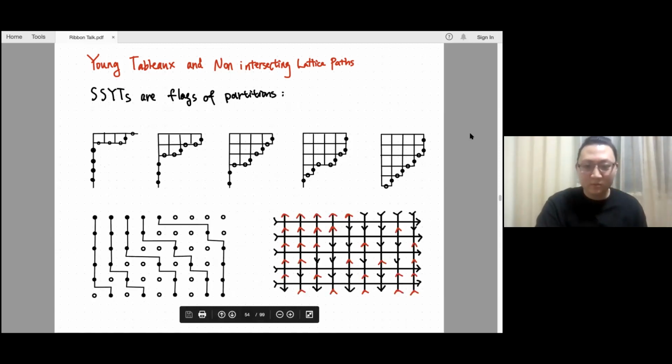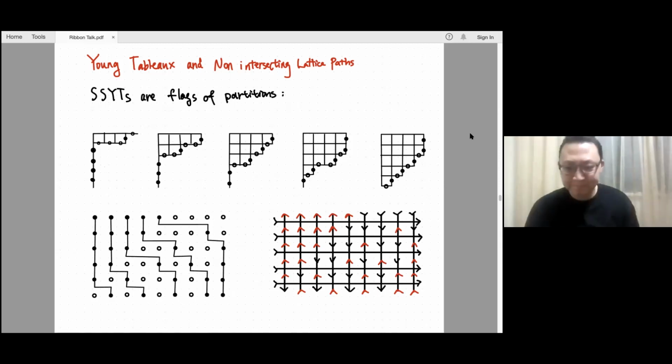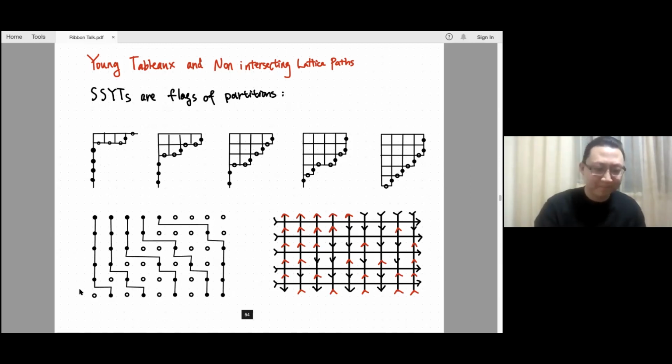All right, so here's what we do. You take the boundary conditions, and then in each of the intermediate rows, we put up and down arrows, just like what we did for the top and bottom boundary. So whenever there is a vertical edge, we put an up arrow, and for a horizontal edge, we put a down arrow. So we fill out every row in this lattice.